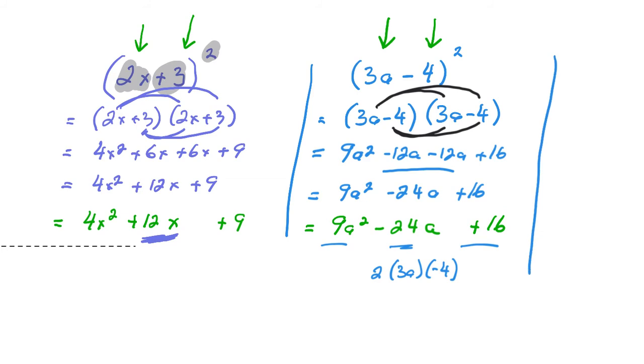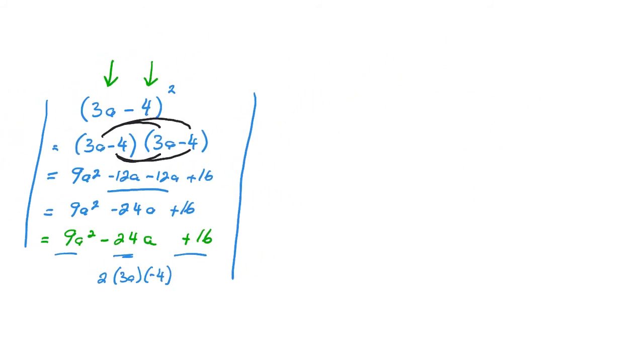One last example, and I will choose two variables this time. So let's go 2r plus 5q. And just doing it the quick way, take the first term and square it. 4r squared.